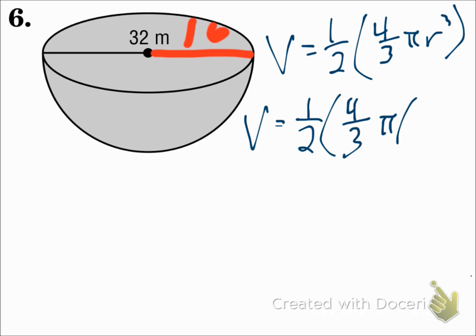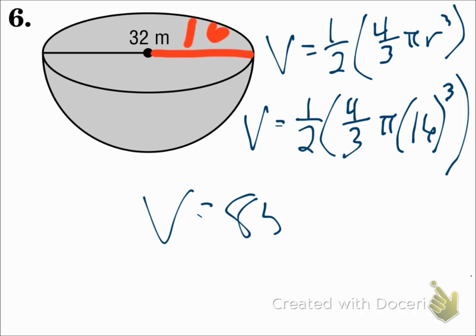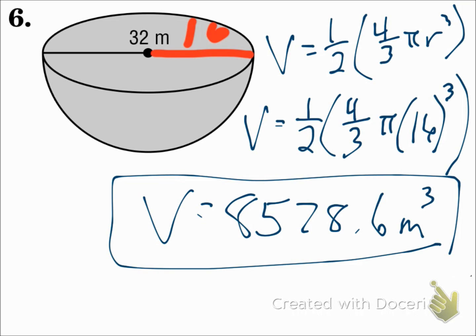So we'll substitute in 16 for the radius. When you punch all that in, you get 8,578.6, and that's meters cubed. So take half of the diameter to get the radius and put it in the formula.